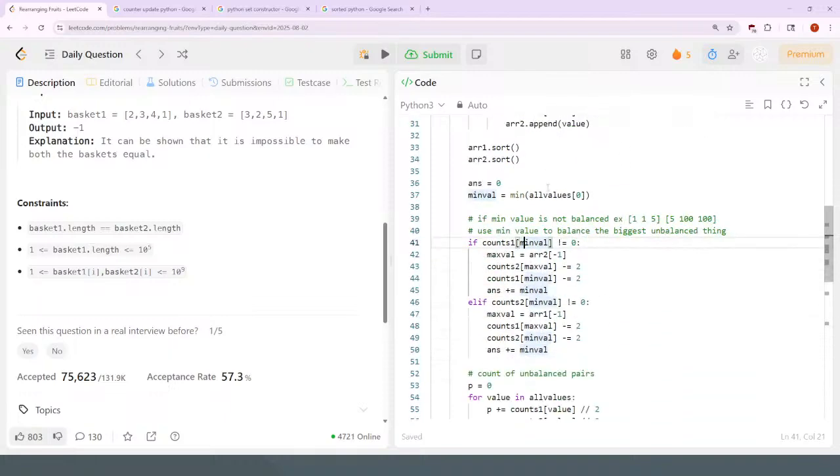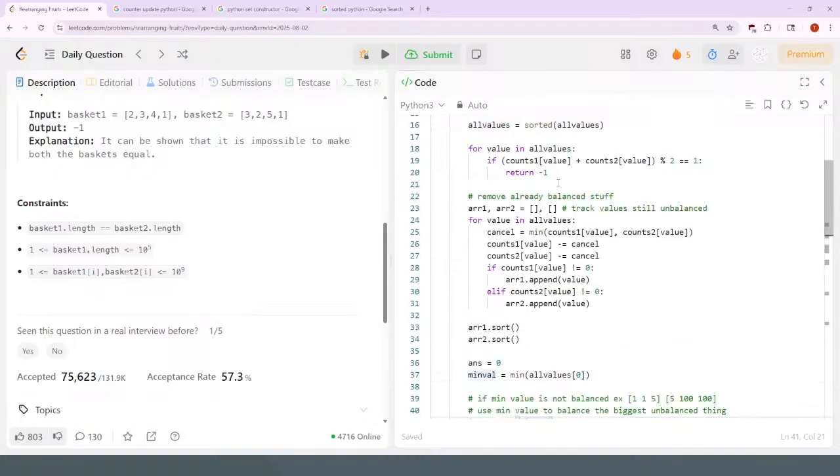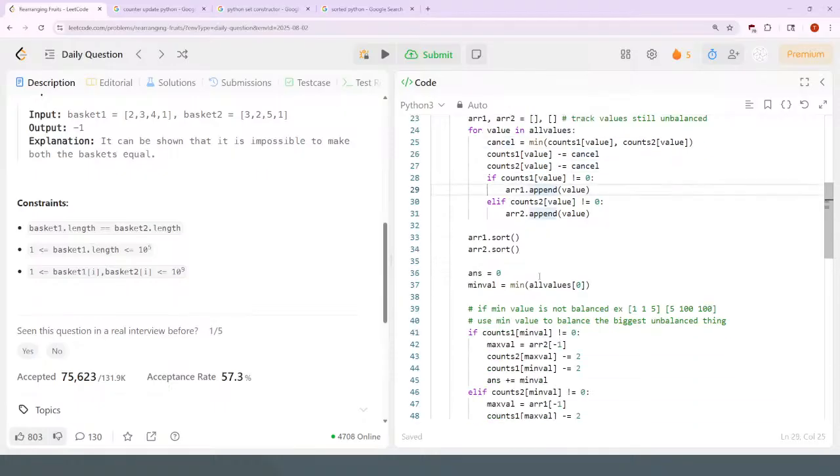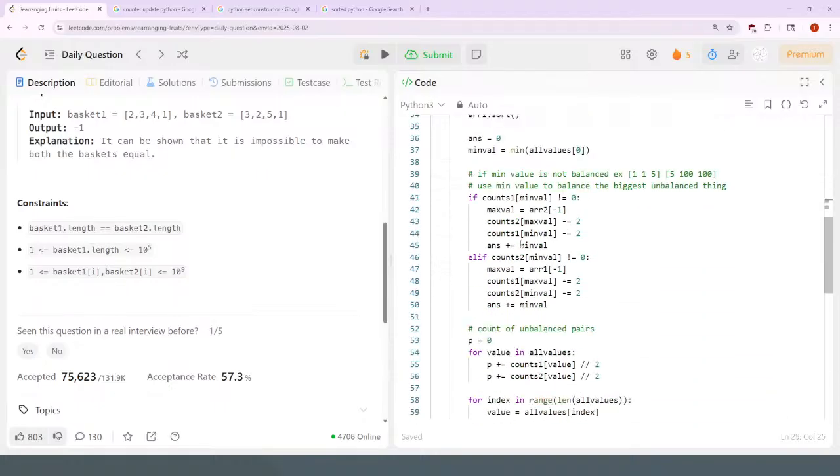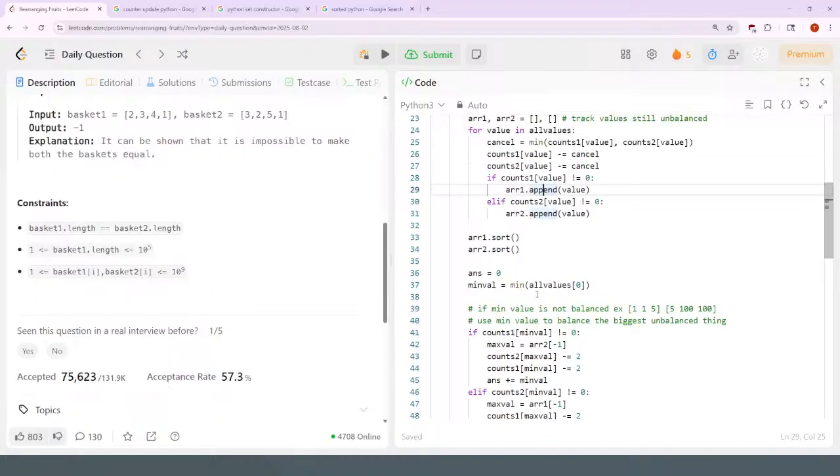What the hell's going on here? Don't think I did. Remove unbalanced stuff. Yeah, I did that and then I never actually used it. I did remove it, but I'd never used the array 1 array 2.